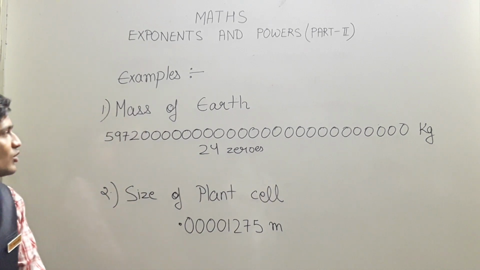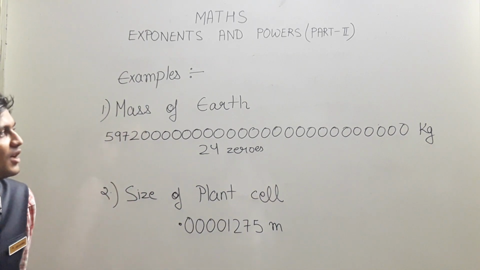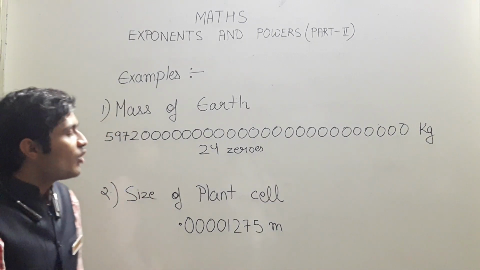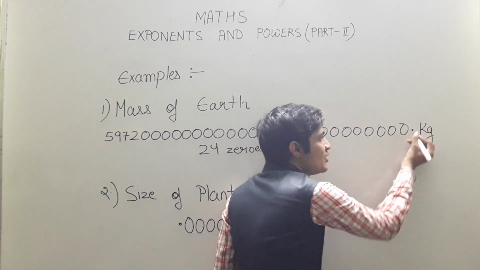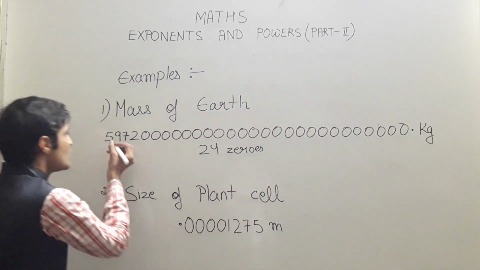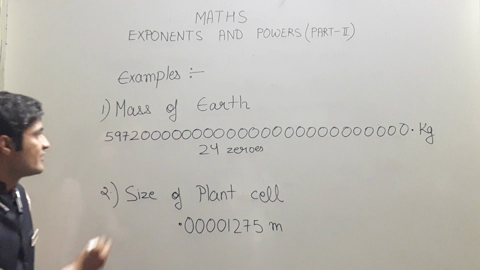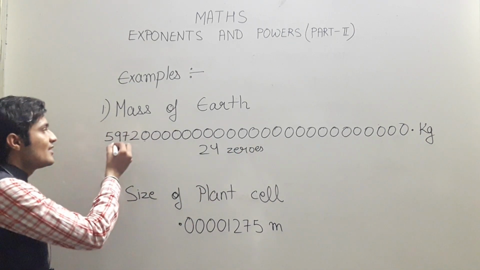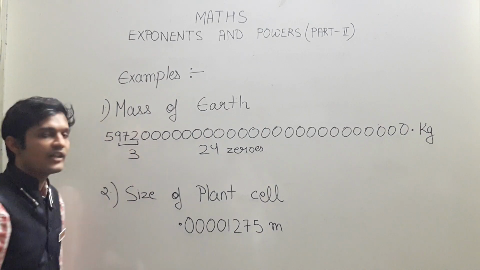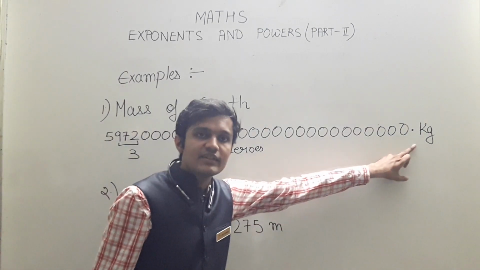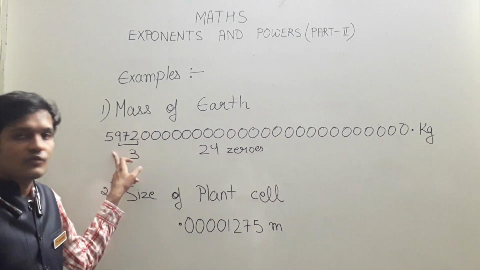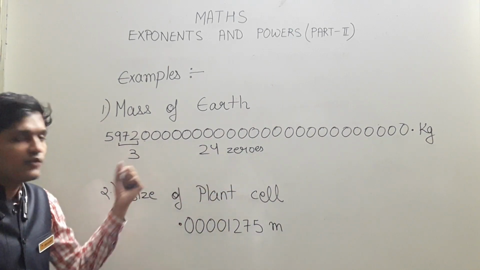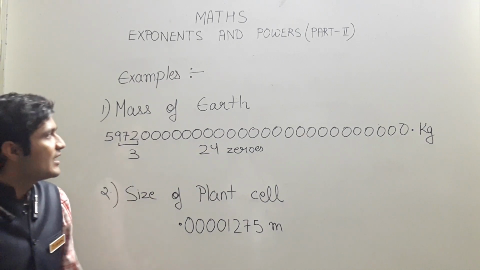We can represent the mass of earth in standard form easily. Here we want to shift the decimal place to after 5. 24 zeros are there, and after that 3 digits are also there. So how many jumps are we taking? We are taking 24 plus 3, that is 27 jumps.